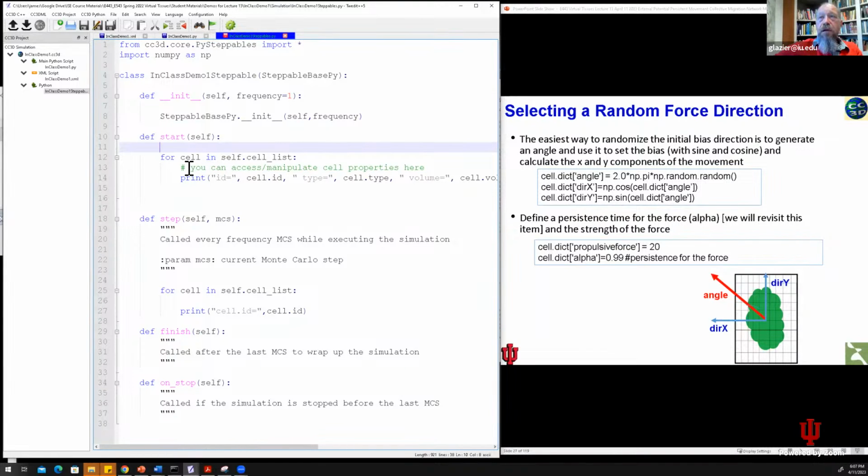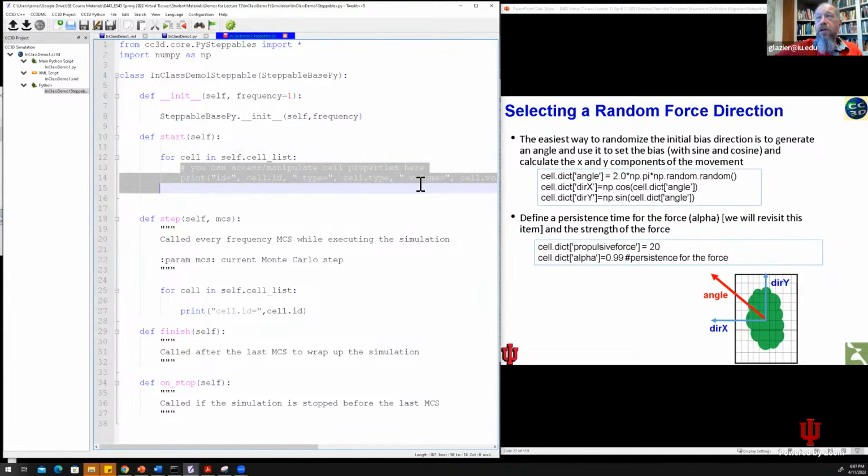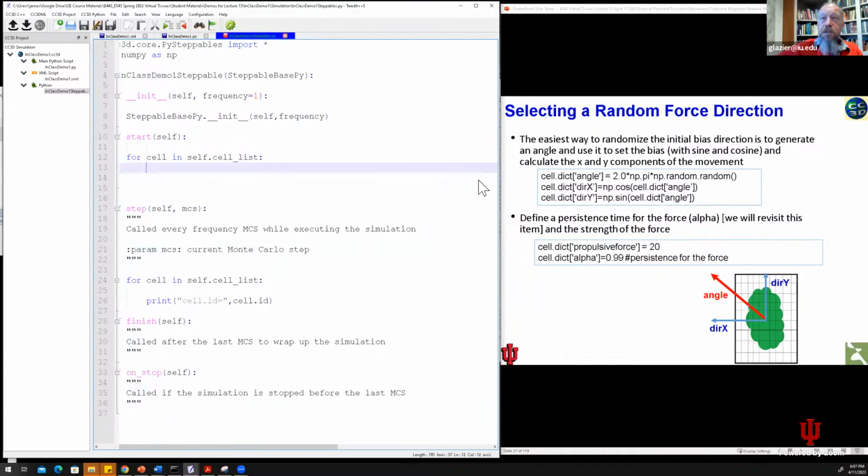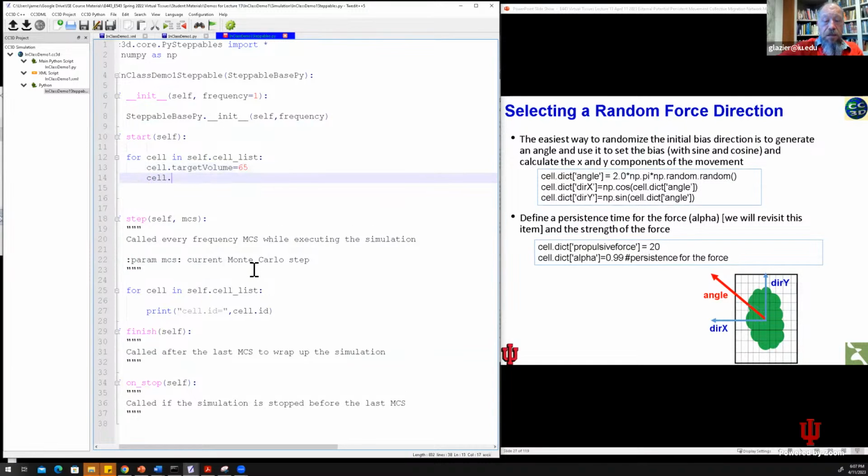And now what am I going to do? I'm going to have to first create the target volume and target surface of the cell. So cell dot target volume. I think I said it was supposed to be 65. Cell dot lambda volume equals 8.